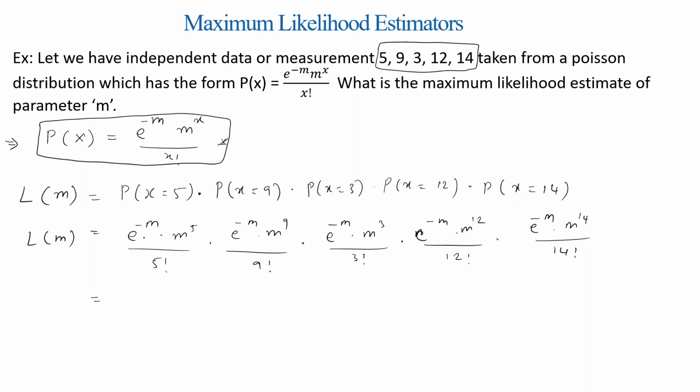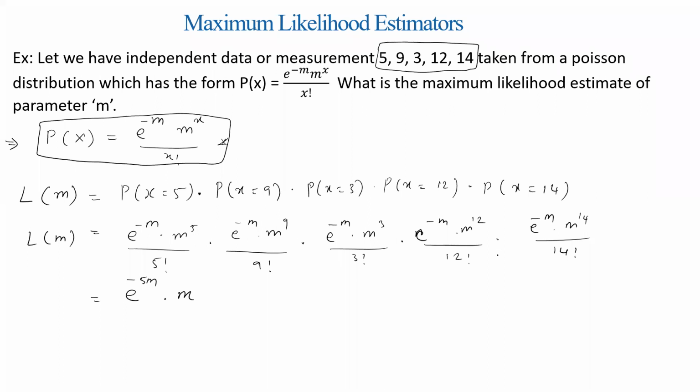Now when you take the product of all this, you can see e power of minus m is multiplying how many times? 1, 2, 3, 4, 5 times. So this will become e power of minus 5 times m, into m power 5 into m power of 9 into m power of 3 into m power of 12 and so on.